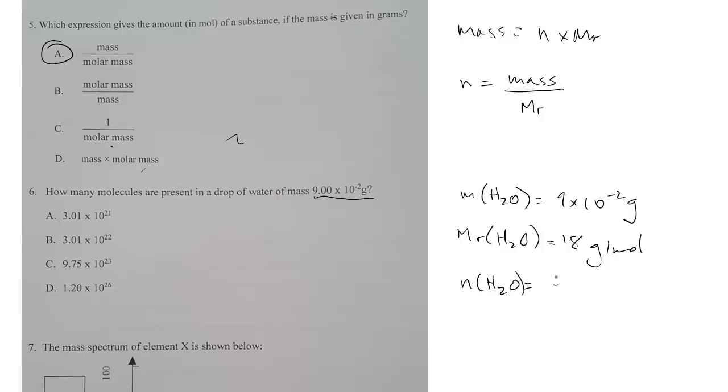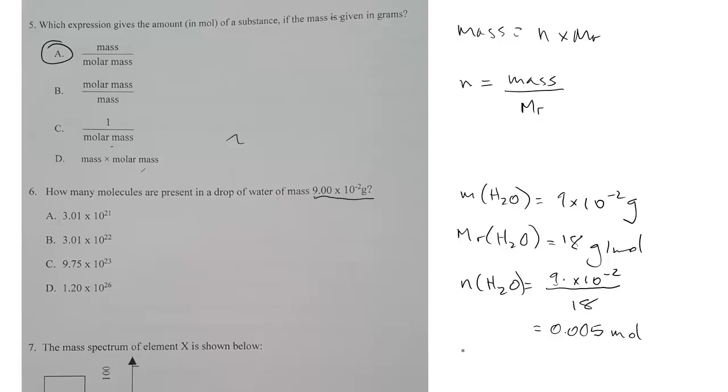So to do that, we take the mass. You can see in question 5, we take the mass and we divide it by the molar mass, and that gives us 0.005 mole.